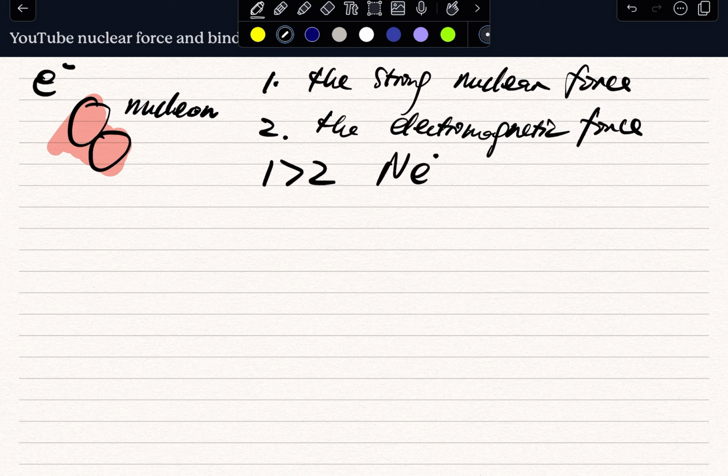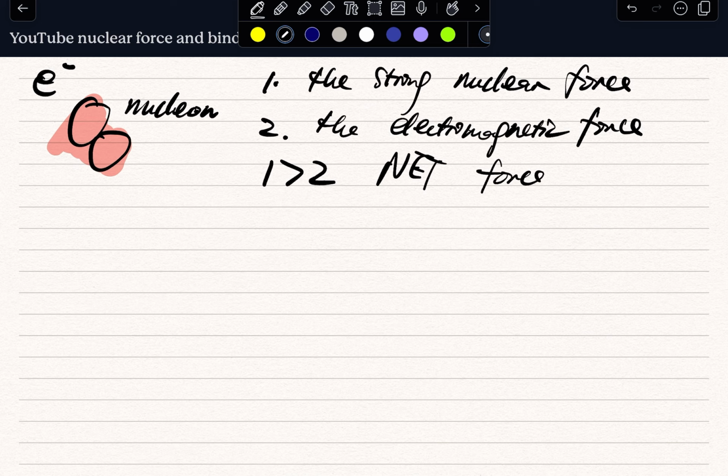So you have a net force that's keeping things together, instead of being affected by the electromagnetic repulsion force that breaks things apart. The particles in the nucleus stay together because force 1 is stronger than force 2, and then we have this net force.